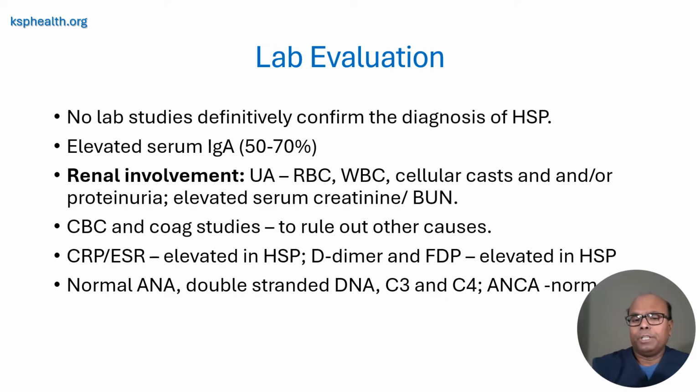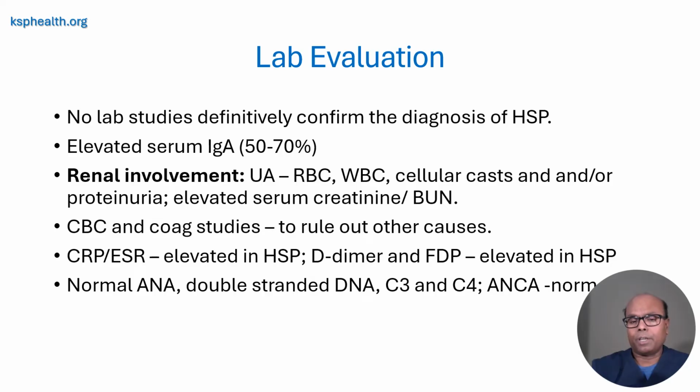There are no lab studies that definitively confirm the diagnosis of HSP. Almost 50 to 70% of the patients will have elevated serum IgA. Renal involvement is predicted when urinalysis shows RBC, WBC, cellular casts, and/or proteinuria, and elevated serum creatinine and BUN.